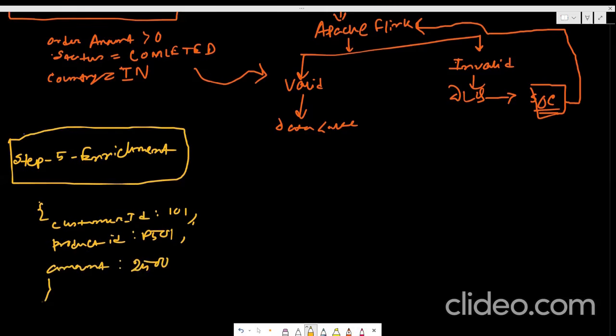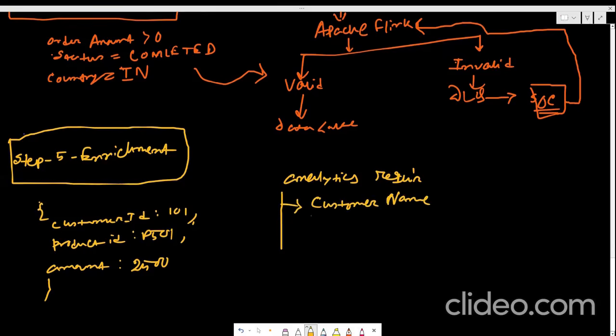But analytics may require it in a different format. It may require the particular customer name, customer segment, the product category, and the region.